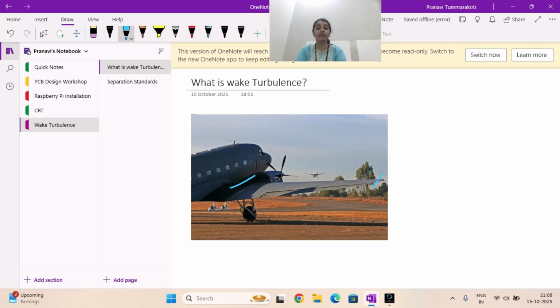Now let's find out which aircraft is more prone to damage. The answer is lighter aircraft. The reason is basically aerodynamics, because we know that lift is a force which acts opposite to weight. That means for an aircraft to fly, it has to overcome its weight, so the lift has to be of a much greater value than its weight.